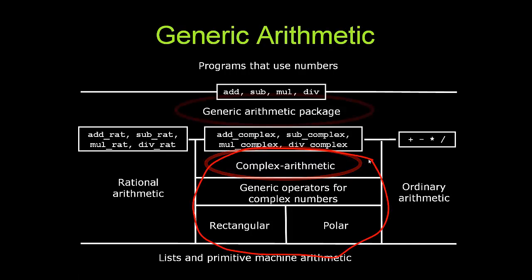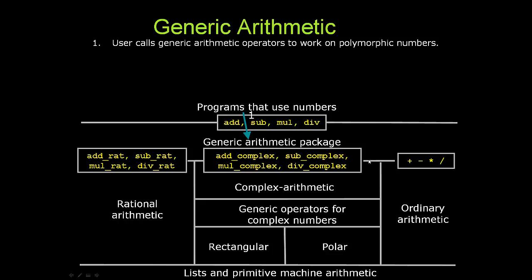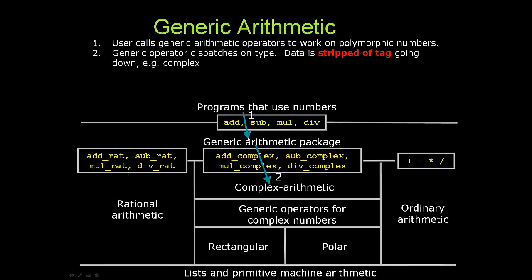Now we go one level higher. We now deal with generic arithmetic. That means the programs that you want to run, add, subtract, multiply, will go down to your new package. And then after that, based on whether it's a rational number, a complex number, or an ordinary number, you will go down to the next level. For example, if it's a complex number, you go down to this part here. At this level, there's actually a tag called the complex tag.